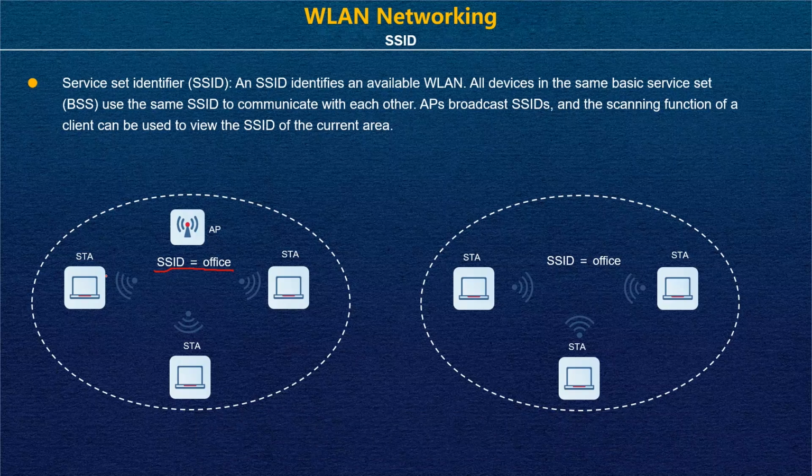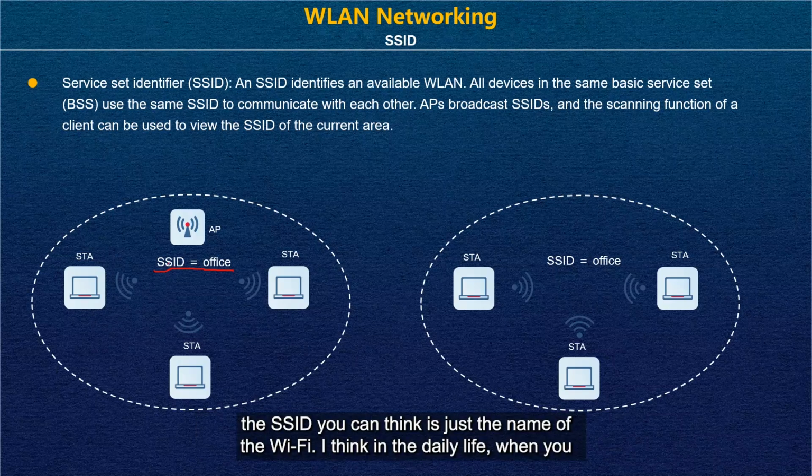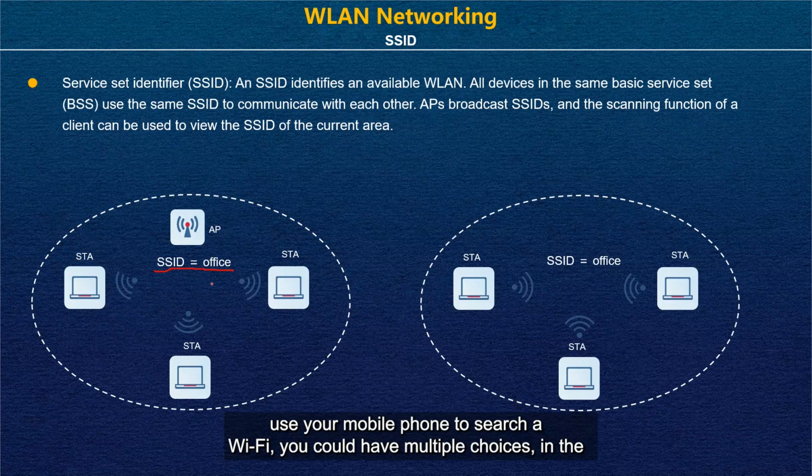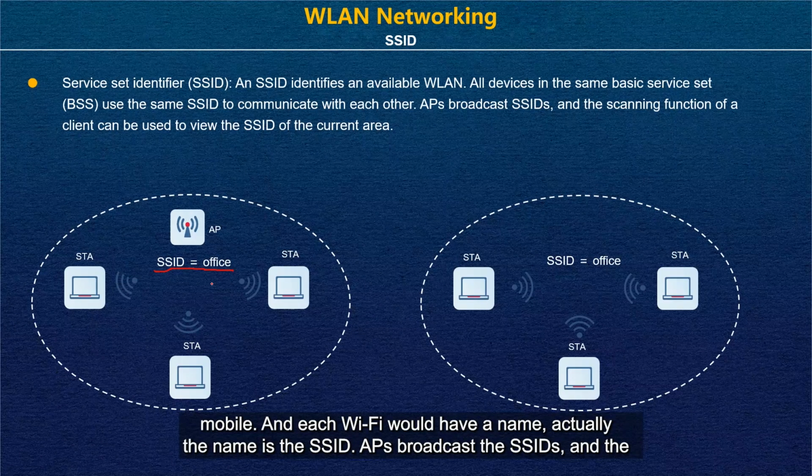Actually, you can think of the SSID as just the name of the Wi-Fi. In daily life, when you use your mobile to search for Wi-Fi, you have multiple choices, and each Wi-Fi has a name. That name is the SSID.